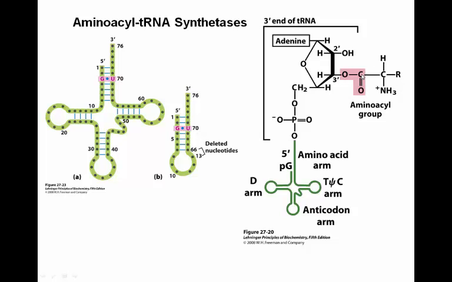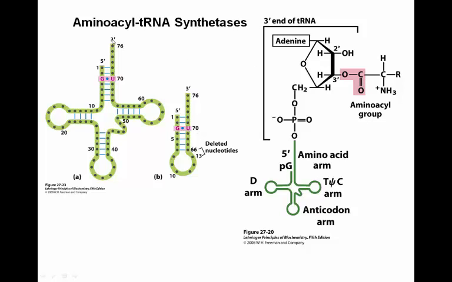This was the alpha carboxyl group of the amino acid, and the 3' OH group of the ribose. And so here is our aminoacyl group. So this is the amino acid attached to the 3' A.